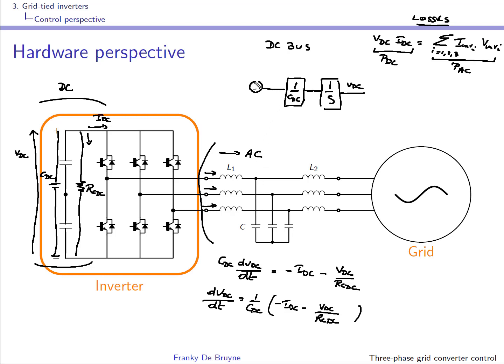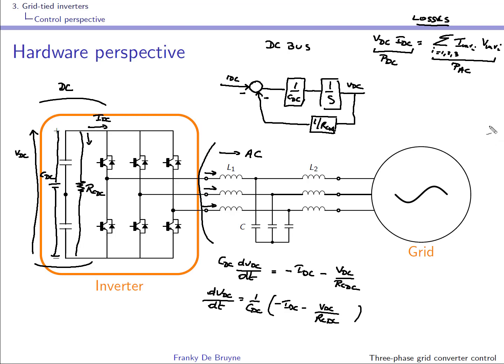I have a summator here, and I come back with 1 over the resistor with a minus sign, and here I have my minus sign, and this is IDC. The question is, how are we going to obtain this one?